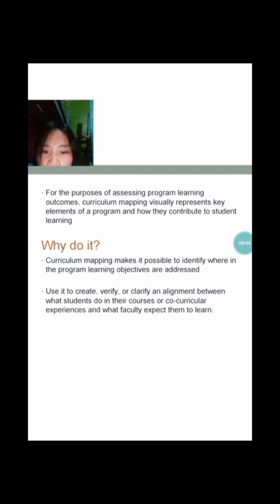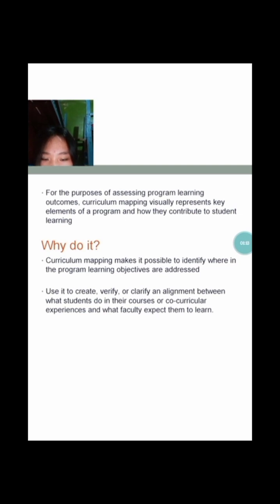For the purpose of assessing program learning outcomes, curriculum mapping visually represents key elements of a program and how they contribute to student learning. Why do it? Curriculum mapping makes it possible to clarify where the program learning objectives are addressed.